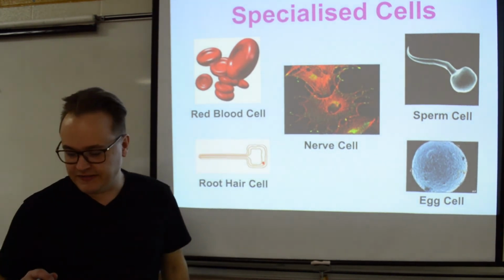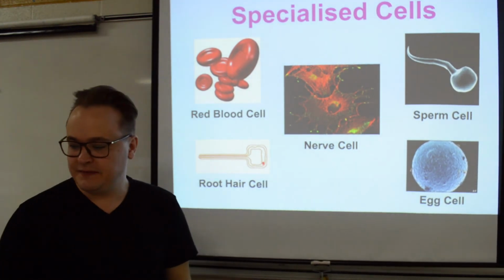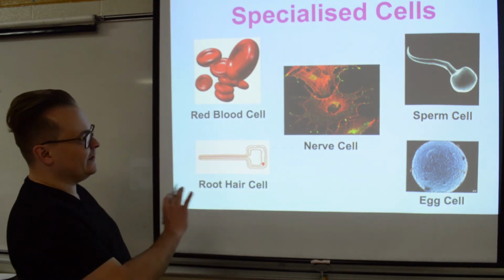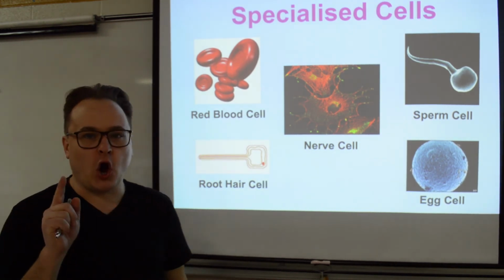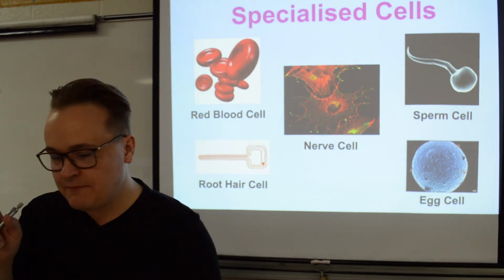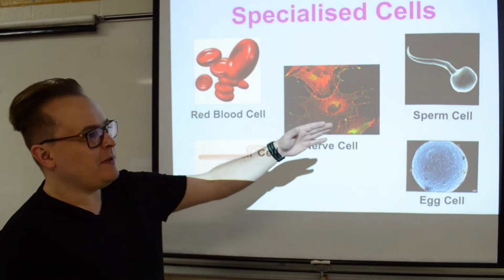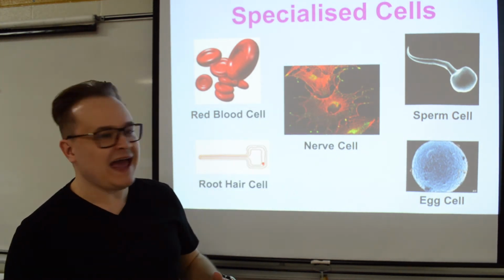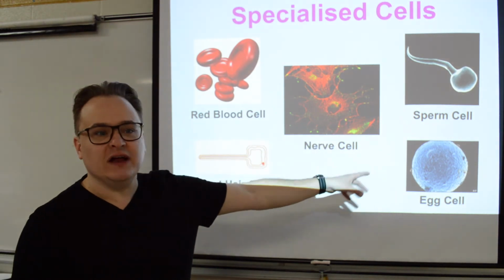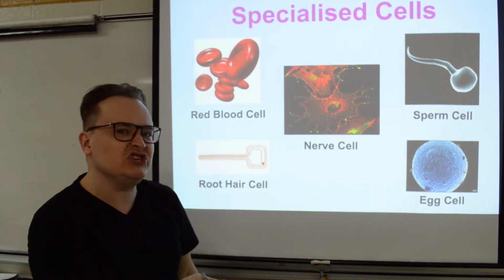That's pretty cool. Now this is something important, folks. This is a big concept. Notice how, once again, all of these cells are very different, but they all have the same parts. They look very different because they're designed for their job. A sperm has to swim to get to the egg, so it needs a tail, even though it's got the same parts. This egg cell needs to be fertilized, so it makes its surface as big as possible so the sperm has a chance.